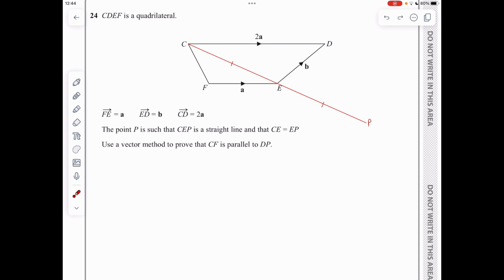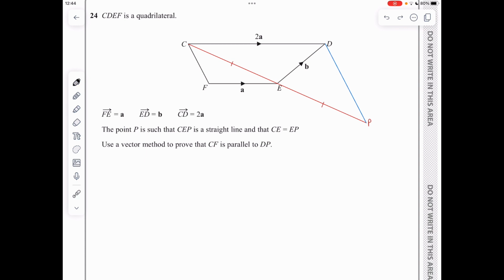And we need to use a vector method to show that CF here is parallel to DP. So I will join D with P together. So the idea is to find the vector CF, the vector DP, and if I manage to show that one is a multiple of the other, then I will be concluding that the two lines are parallel. That's what I'm trying to do here.